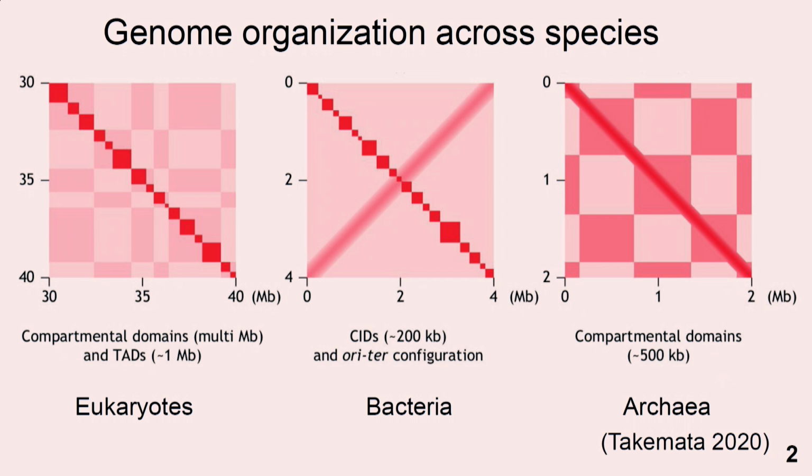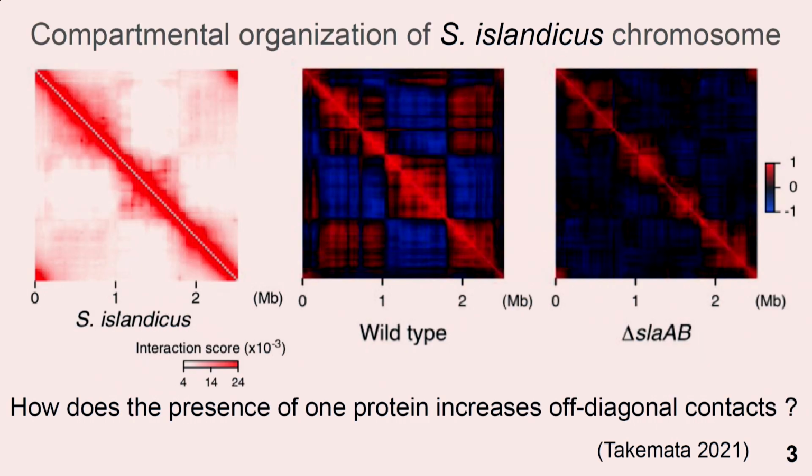Then the same group did some experiments in archaea. The species is called Sulfolobus islandicus. You see certain diagonal terms here, but also some off-diagonal terms. These Hi-C contact maps can be converted to a map of correlation coefficients, which enhances the contrast.